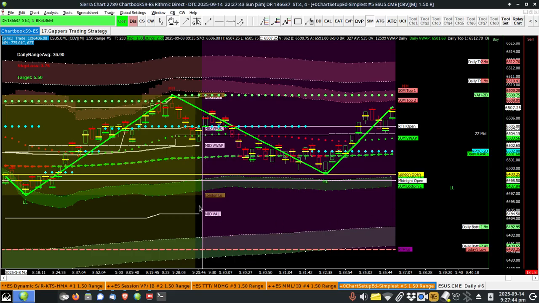Here's my midnight. Here's my London low. Here's my midnight value area low down here. Value area high for midnight right here, and you can put Globex on there too. I've got another chart with Globex value area high, value area low, VWAP and VPOC. I watch those four levels, especially in the previous session, because those tend to be significant until the RTH session finds its footing and determines where it wants to go.